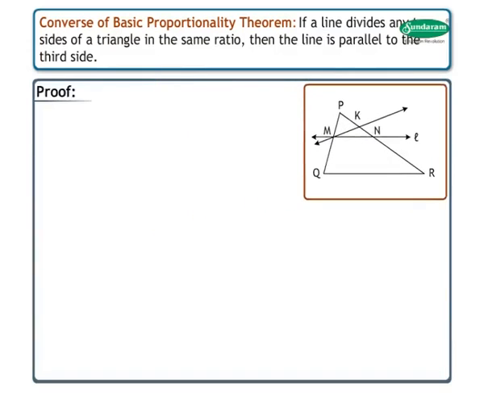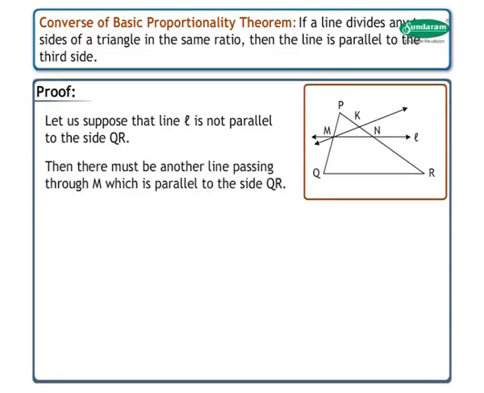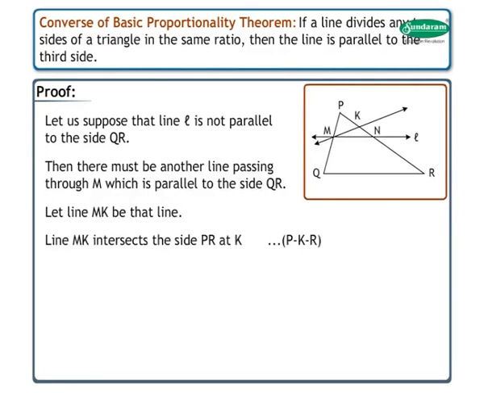Proof: let us suppose that line L is not parallel to side QR. Then there must be another line passing through M which is parallel to side QR. Let line MK be that line. Line MK intersects the side PR at K, as points P, K and R are collinear.